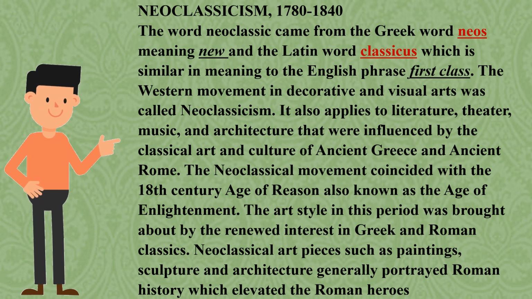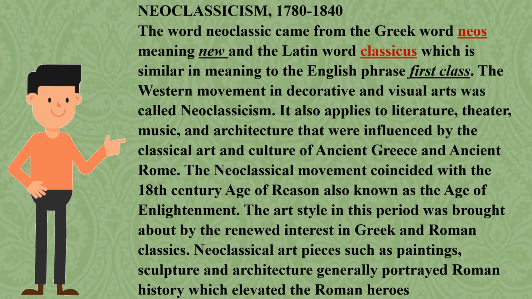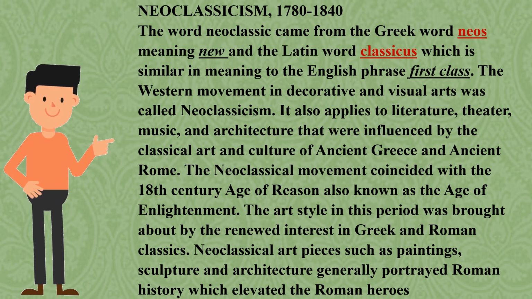The neoclassical movement coincided with the 18th century Age of Reason, also known as the Age of Enlightenment. So the art style in this period was brought about by the renewed interest in the Greek and Roman classics. Neoclassical art pieces such as paintings, sculpture, and architecture generally portrayed Roman history, which elevated the Roman heroes.